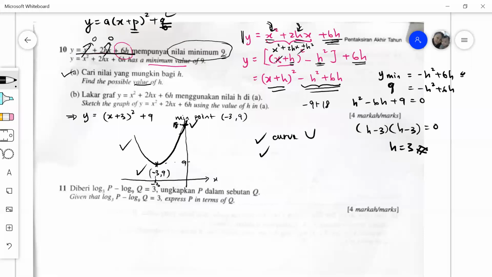And then the minimum (-3, 9) correct, 1 mark, and then another mark will be the y-intercept. Three marks plus 1 for the h value. Okay, 4 marks for A and B. Clear?